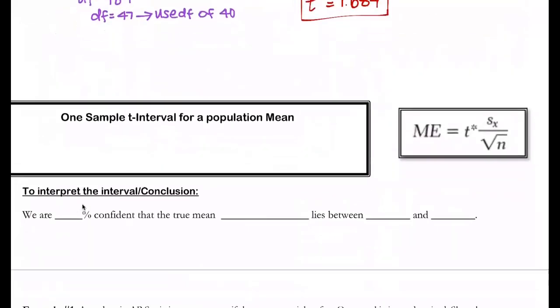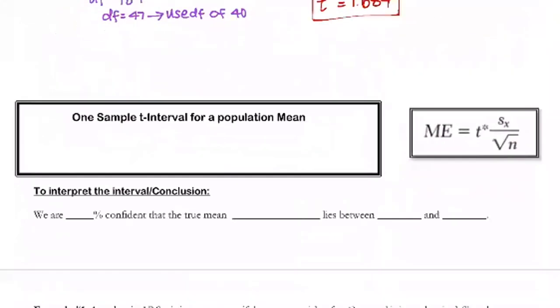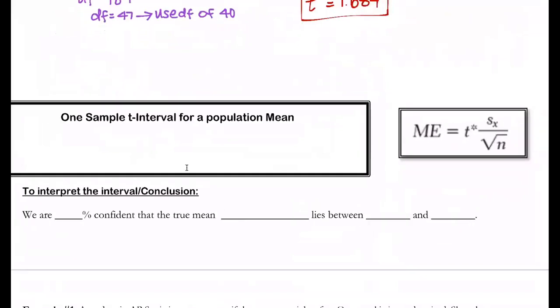What we're going to do next is actually talk about how to find an interval. Just like with proportions, with means, it follows the same exact format in terms of statistic plus or minus margin of error. So let's write up what those mean.